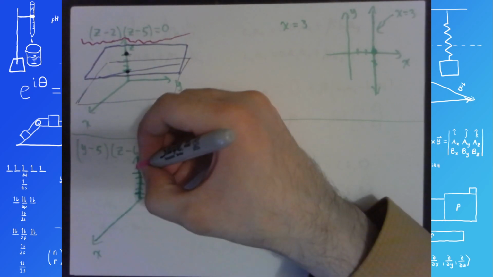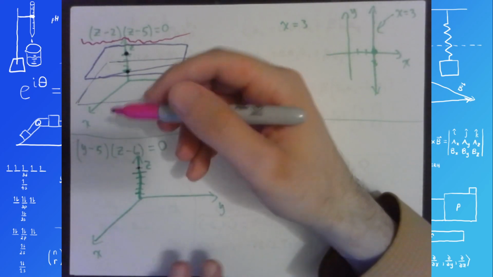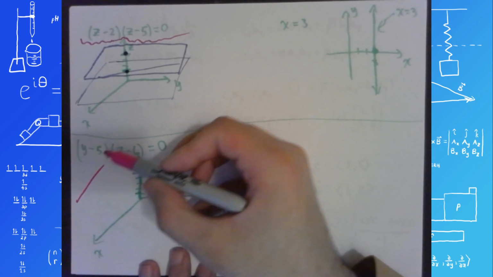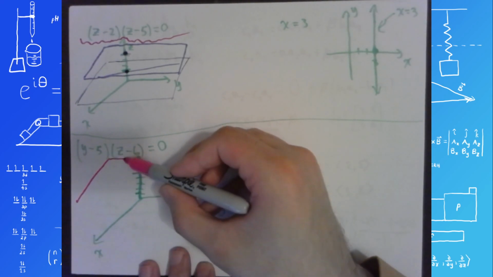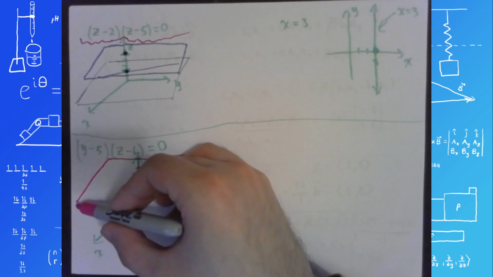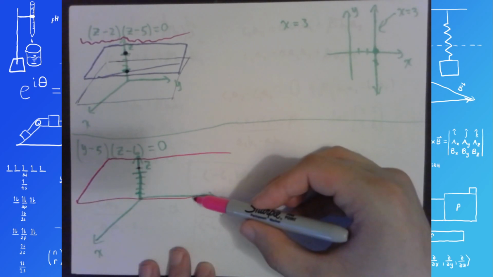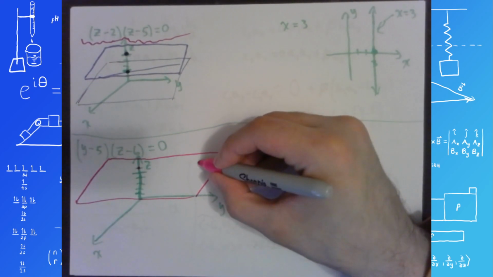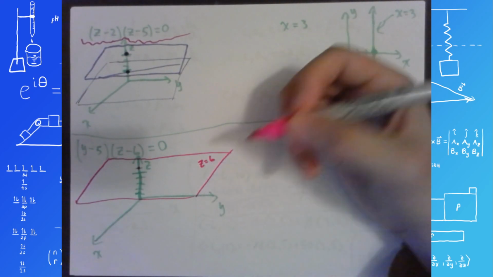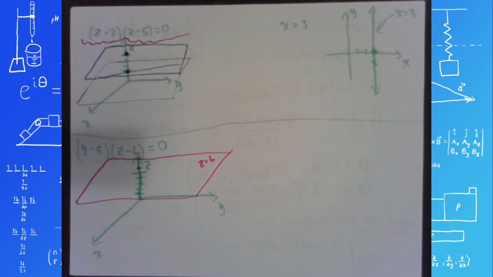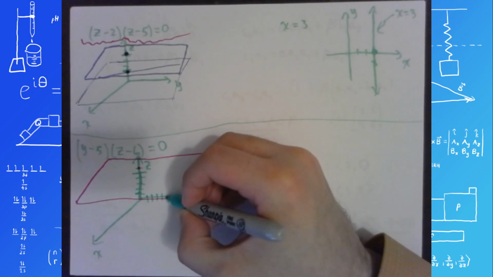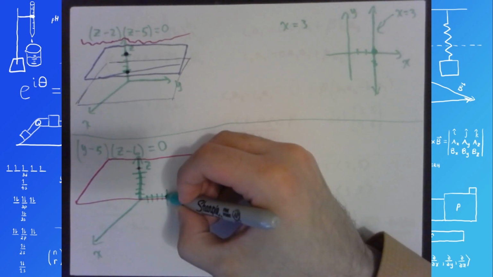Okay, so z equals 6 is going to be one of the planes that I draw. Something like that. That's going to be your z equals 6 plane. And then your y equals 5 plane is going to be 1, 2, 3, 4, 5.